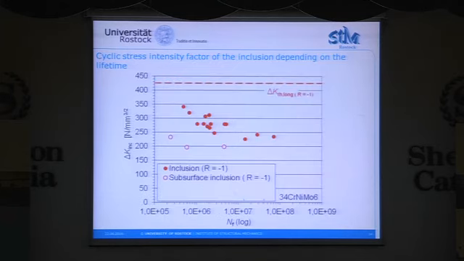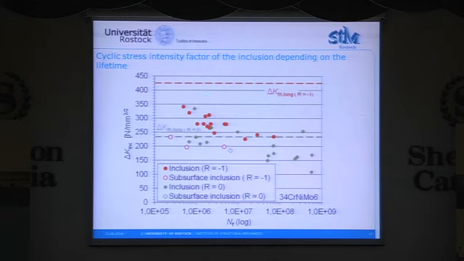Moreover, we calculated the cyclic stress intensity factor of the inclusions depending on the lifetime, and here you can see that for the inclusions in the interior of the specimen, the cyclic stress intensity factors are larger than that of the subsurface inclusions, but they are far below the threshold value of long cracks.